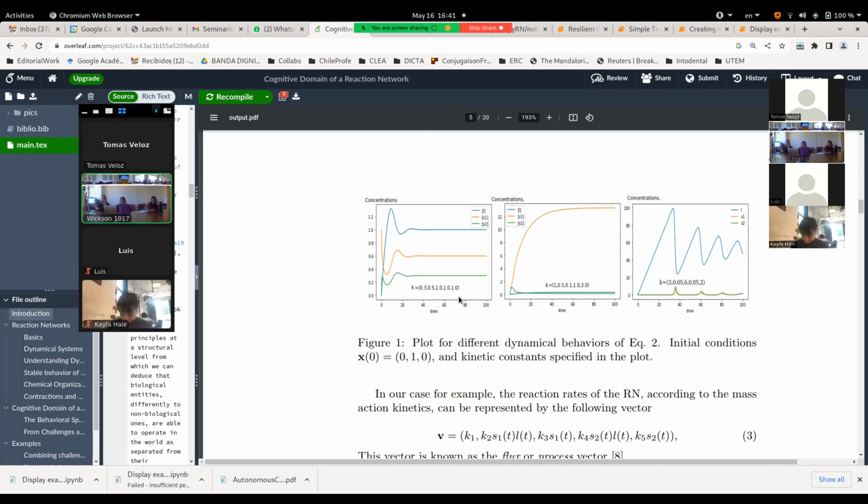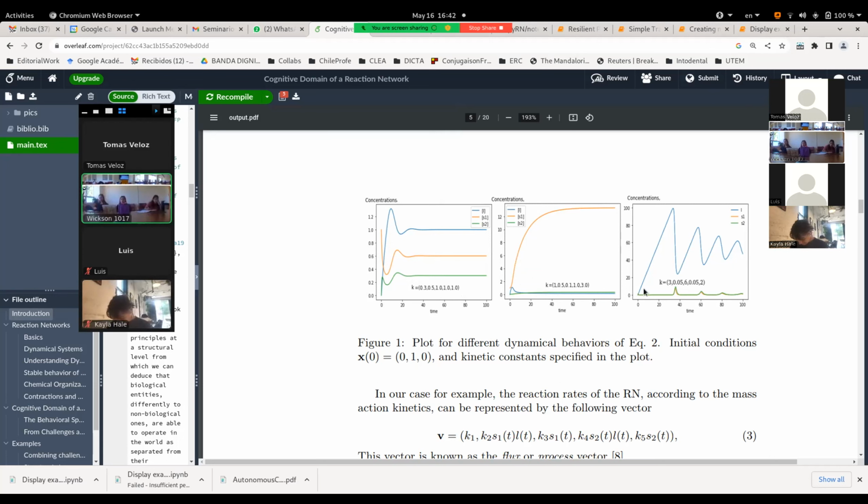Here we have a slightly different initial condition that leads to a big presence of S1 and a very small presence of L and S2, maybe even decay. I don't know exactly if the number is 0 or not here.